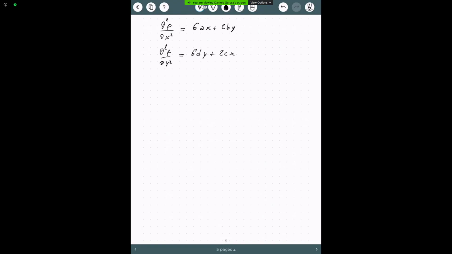So this is what we have. Yeah, I've written f, but this is p and p again. We want the sum of these two to be equal to 0.